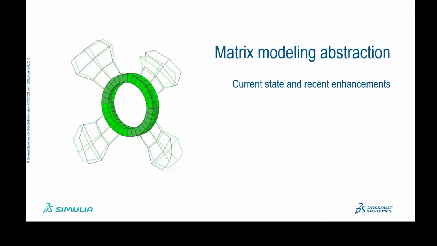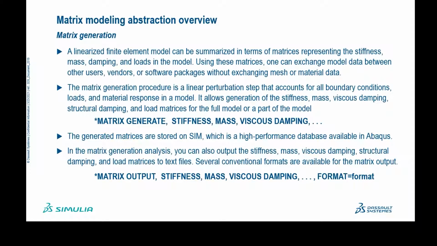Matrix modeling abstraction. So this is going to bring us a little bit deeper into the finite element model, in terms of the abstraction of the technique. So a simple finite element model can be summarized in terms of a set of matrices that would represent the stiffness, the mass, the damping, and the loads and boundary conditions in the model.